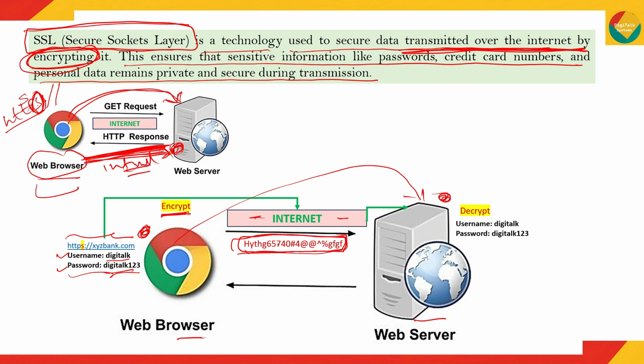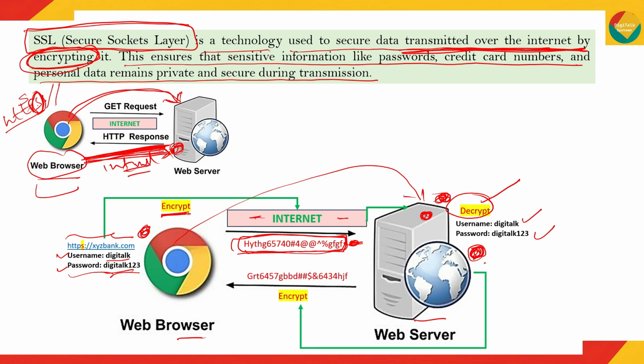So once this data has reached the server, this encrypted data needs to be decrypted again, so that your server can understand it. Once your data has reached the server, the encrypted data will be decrypted back into the same username and password. Then your server is going to process the request, and once the request is processed, the server needs to send a response back to your browser.